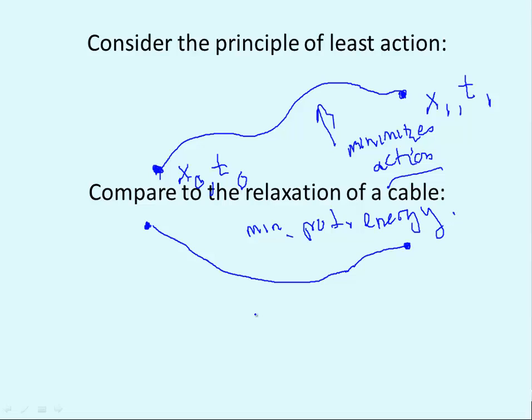So here we have a process by which, when the two points are fixed, the path in between is determined by a certain process. The cable will settle down and eventually all the motion will stop and it will hang in a stationary way, connecting the two points. So in some sense, there seems to be a similarity between these two situations.